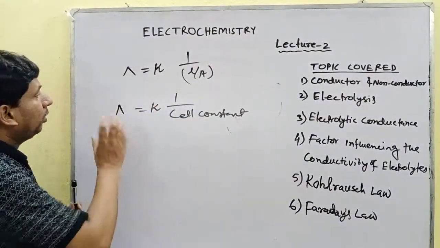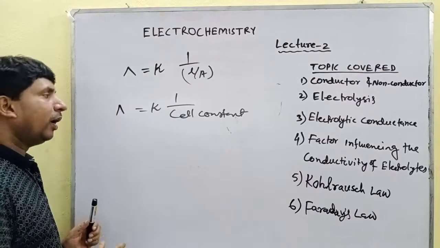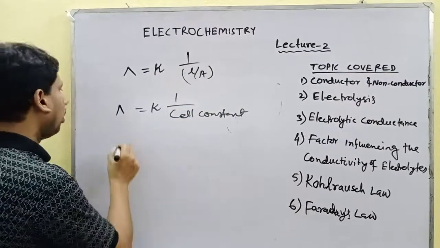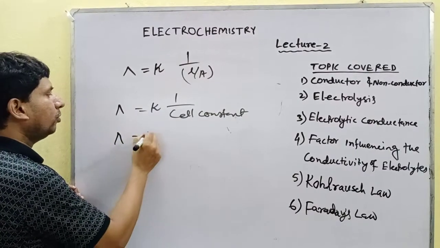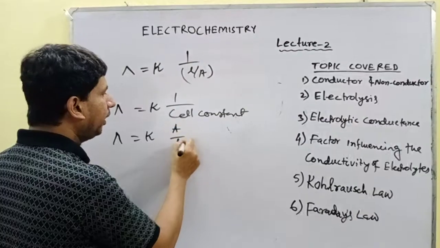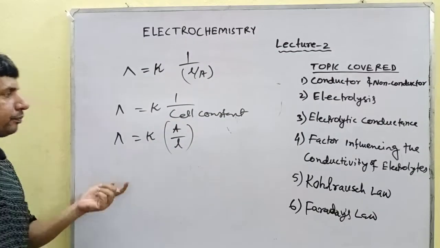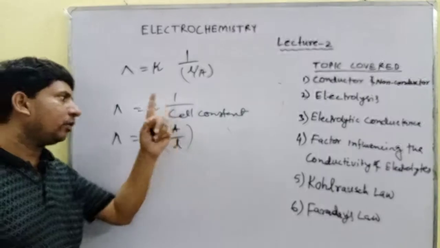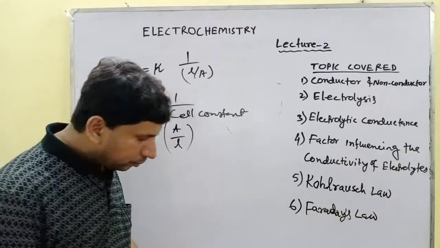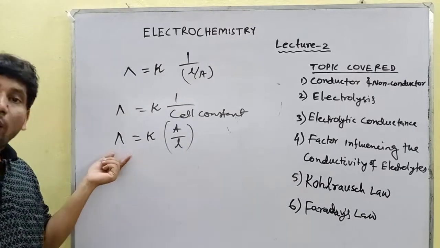So conductance equals kappa, that is specific conductance, into 1 by cell constant, or we can write it this way: lambda equals kappa into A by L. Cell constant equals L by A, then this is A by L. No problem.